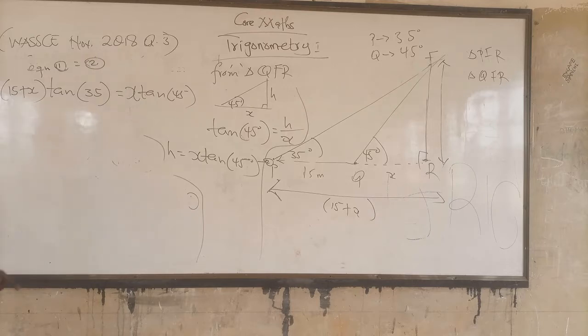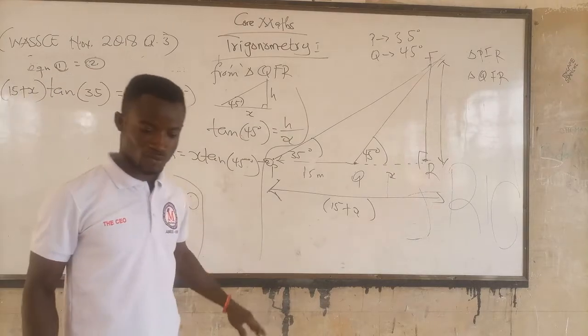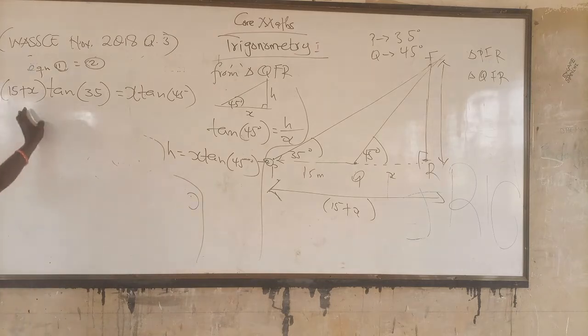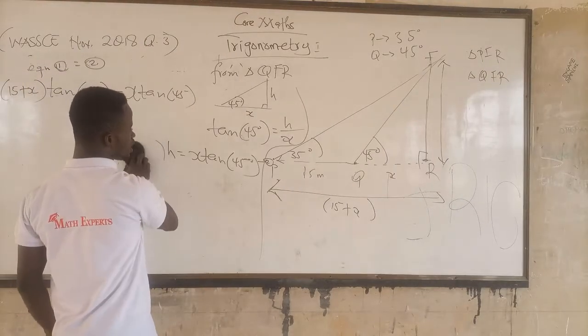So from here you can see that we are getting rid of the h. Everything in this equation is in terms of what? X. So we can now find x.